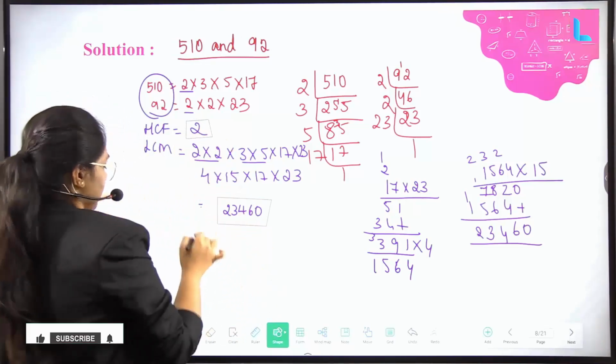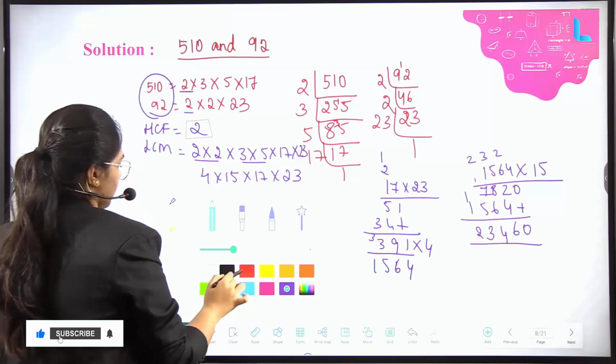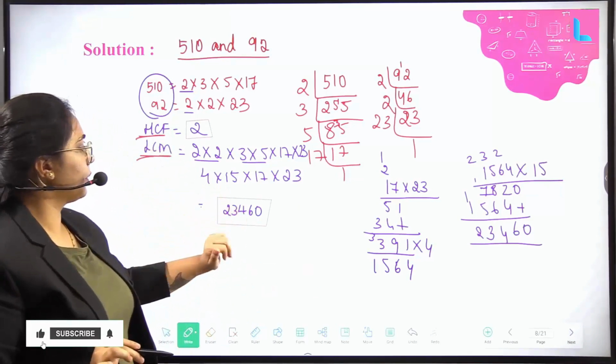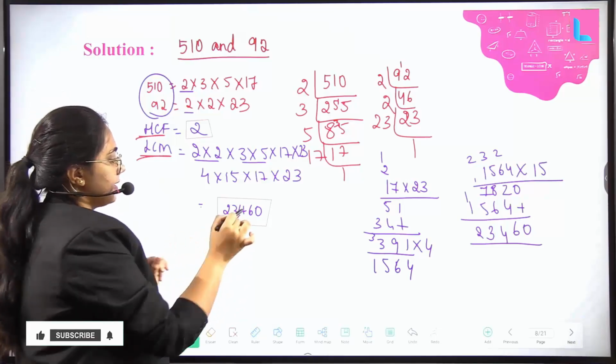Now here we have got HCF as 2 and LCM as 23,460.